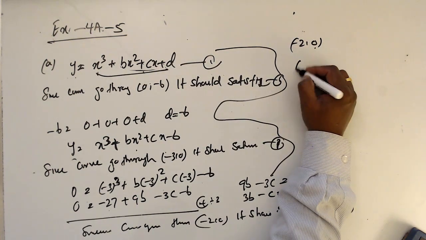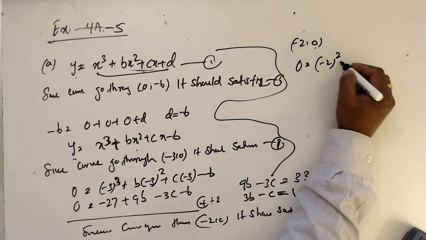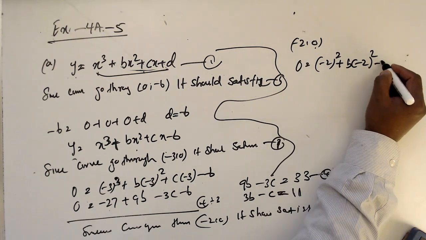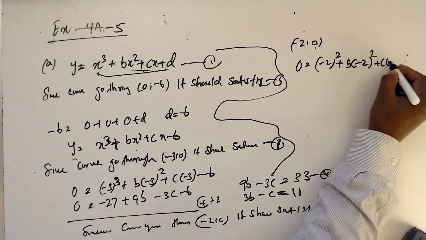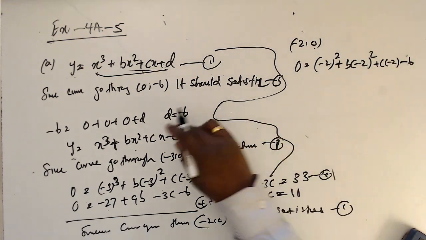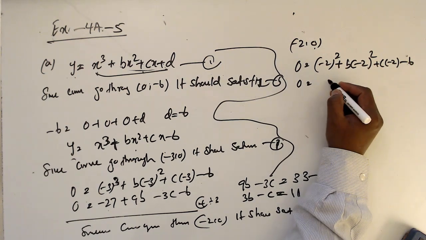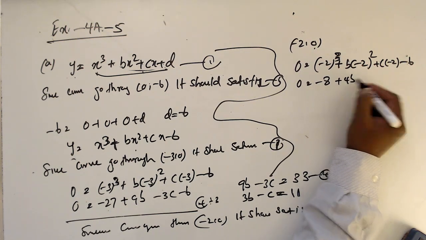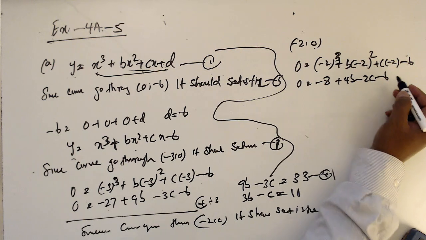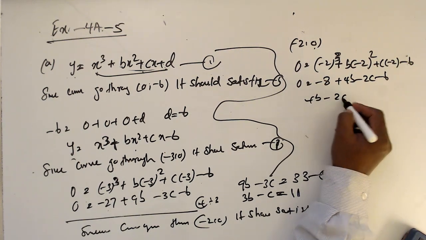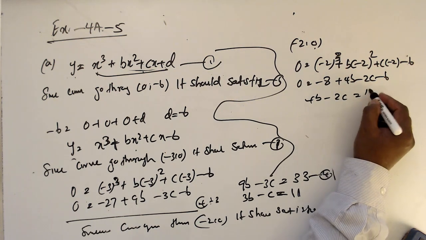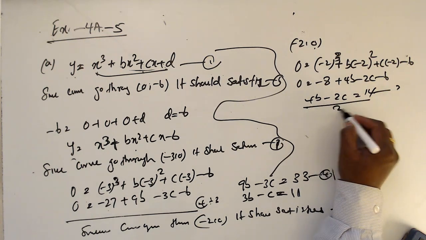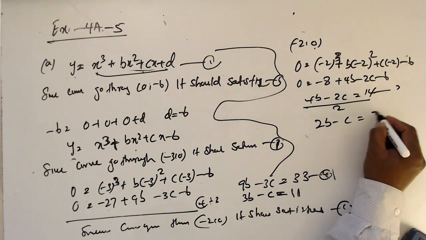So y value is 0, minus 2 cubed plus b times minus 2 squared plus c times minus 2, and d I know is minus 6 now. 0 equals minus 8 plus 4b minus 2c minus 6. It means 4b minus 2c equals 14. I can divide this by 2 both sides. Then 2b minus c equals 7.